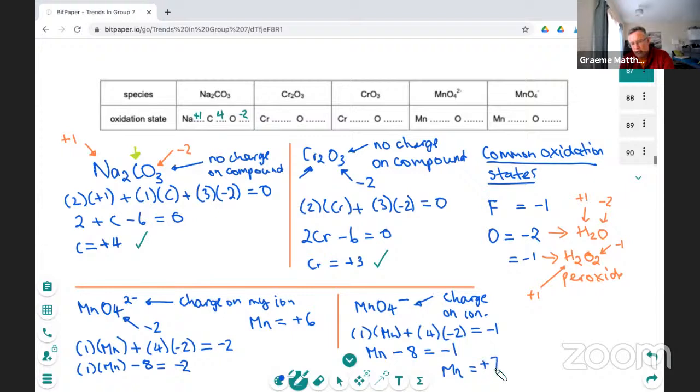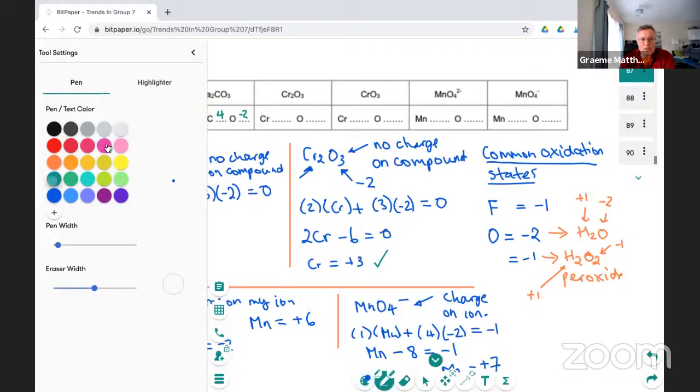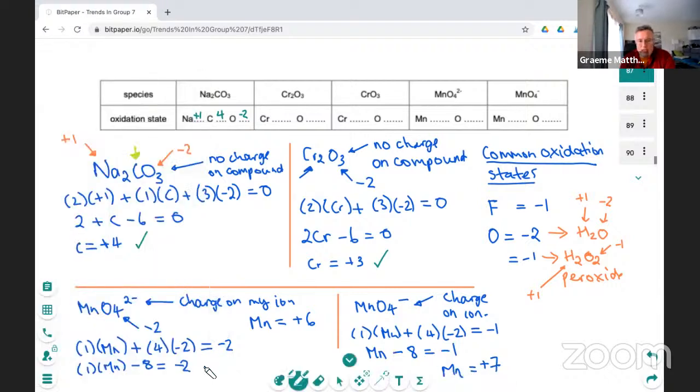And again, if you looked at the electronic configuration of manganese, you would see that yes, it could be +6, absolutely, or it could be +7. We're not surprised by that because it's a transition metal. We know that non-metals and transition metals can have a variable oxidation state.